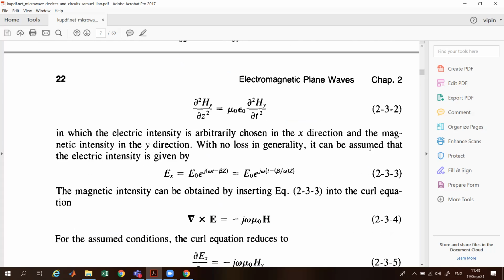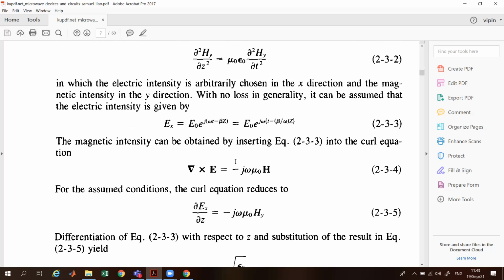Now, with no loss of generality, it can be assumed that the electric field intensity is given by Ex equals E naught e raised to the power j omega t minus beta z. The omega t part is coming due to the electric field, and minus beta z is coming due to the propagation direction, and beta is the constant in that direction. If we take omega outside, then it will be t minus beta divided by omega into z.